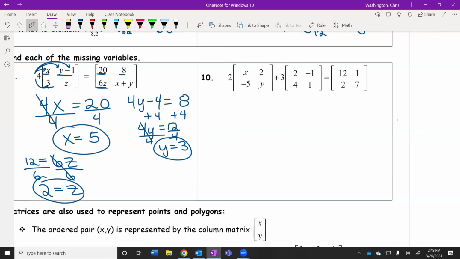See if you can find X and Y. There is no Z on this one, just X and Y.